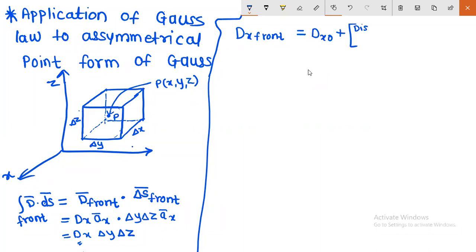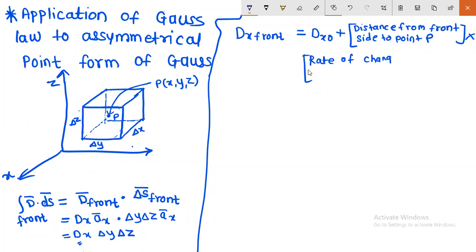It is the distance from the front side to point P, into the rate of change of dx with respect to x.